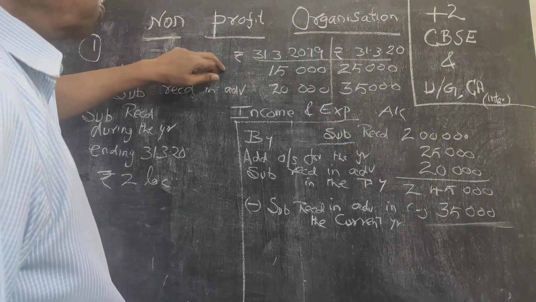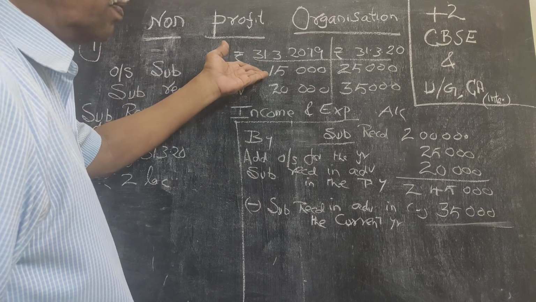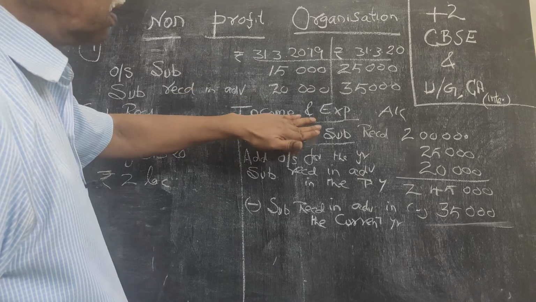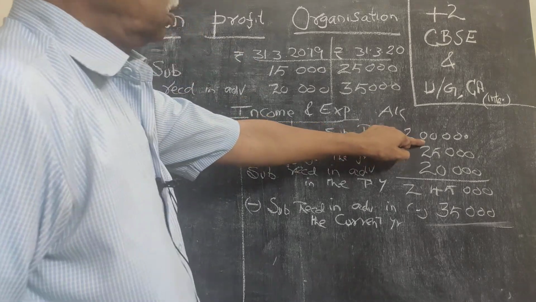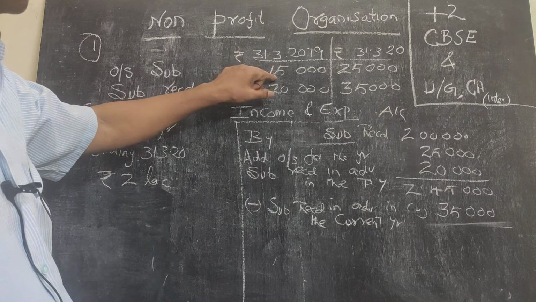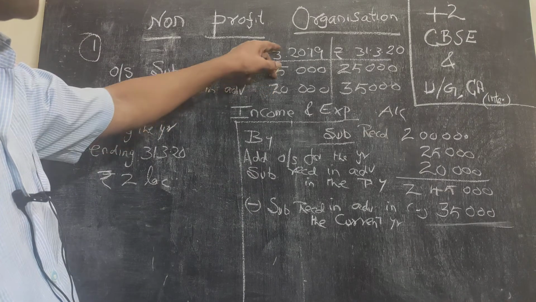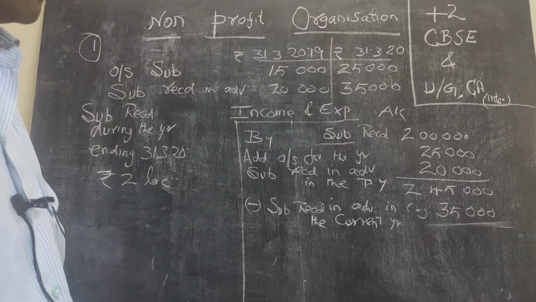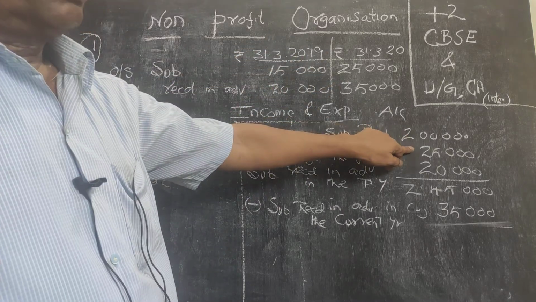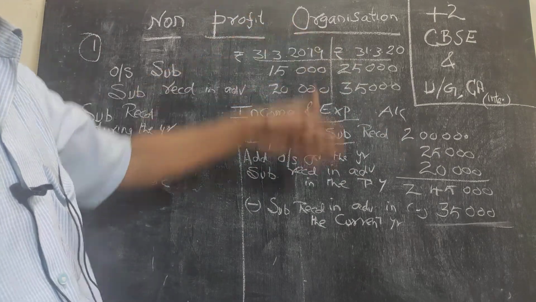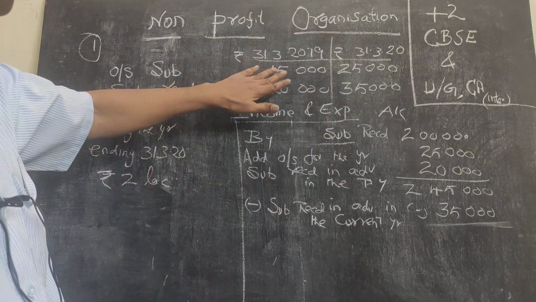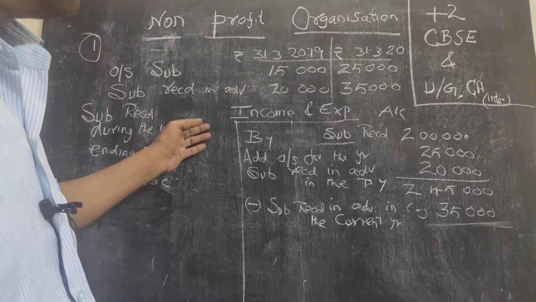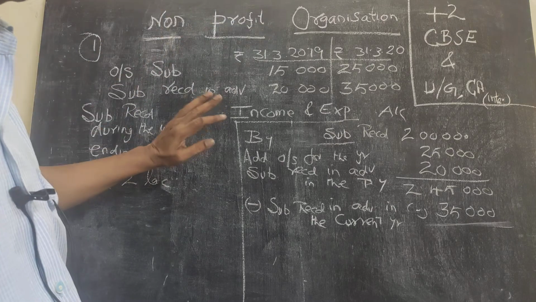the outstanding subscription during the last year, since nothing is mentioned, normally would have been received in this year and included in this. Again I say that the outstanding amount of subscription as on 31st March 2019 is normally expected to be collected in 2020 and included here. If it is not, they will be mentioning in the problem. This is a simple problem in that aspect. It is not containing anything about subscription outstanding of the previous year.